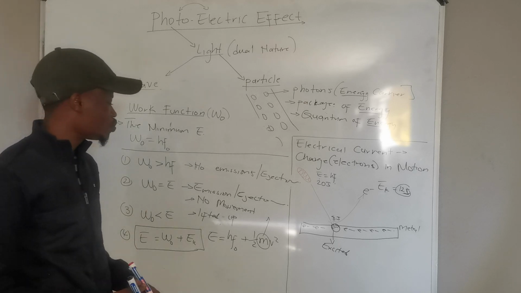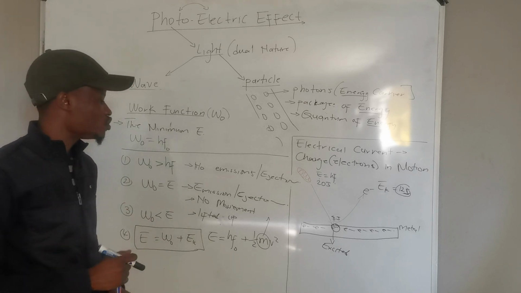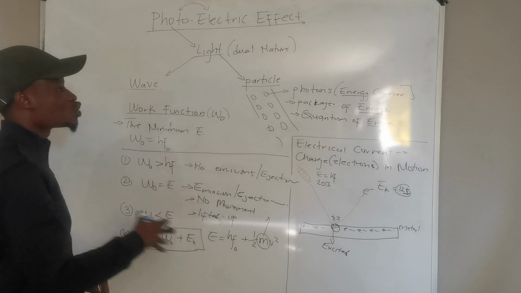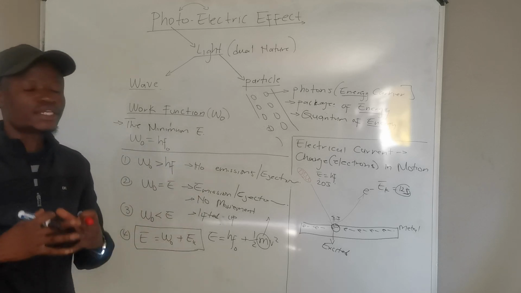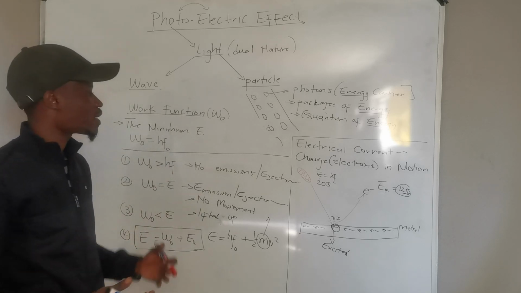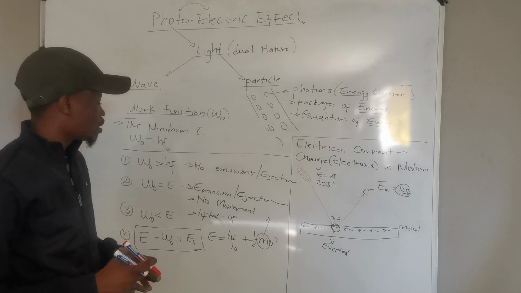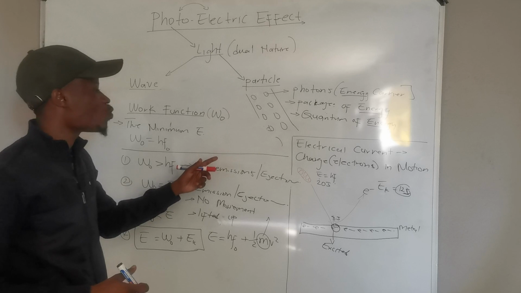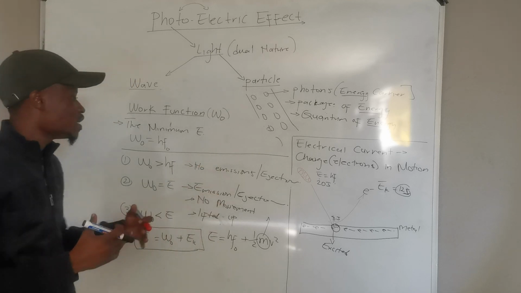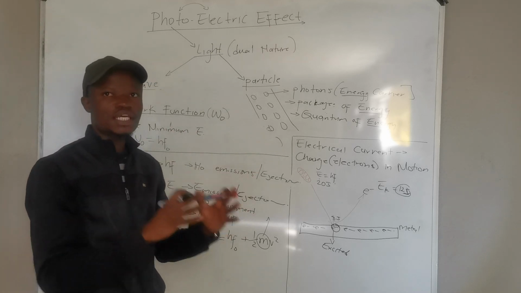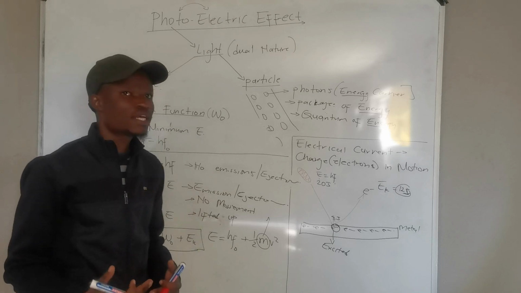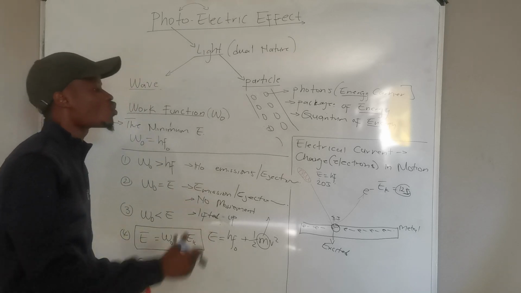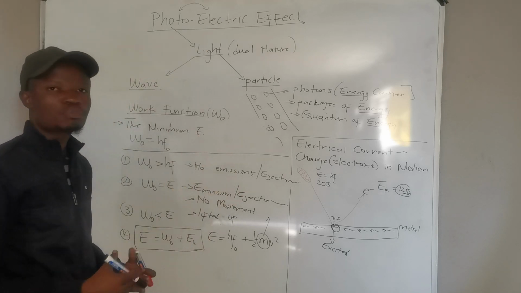I will meet you again in the next video when I'm going to be explaining things like increasing the intensity, whereby Planck, the scientist who discovered this, was not able to explain why increasing the number of photons does not increase the ammeter reading, or rather the current that is produced.